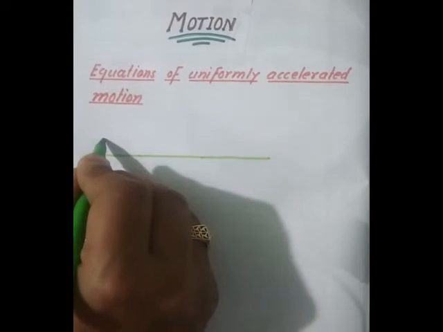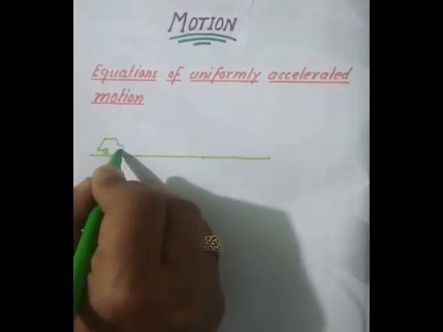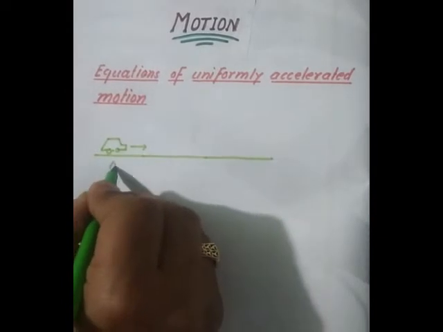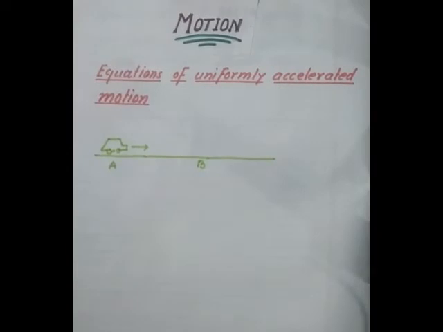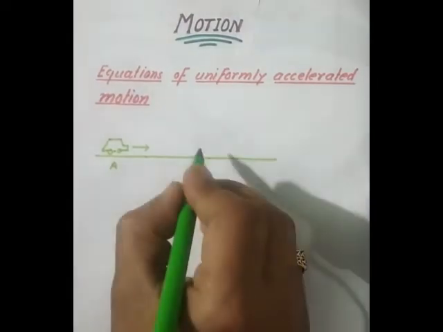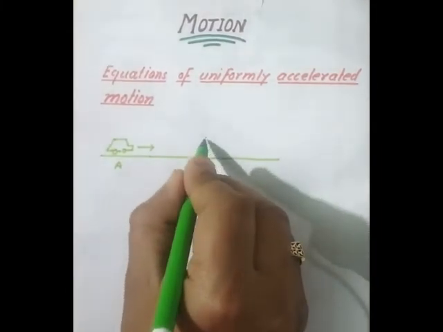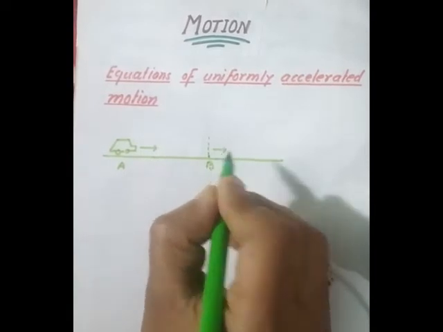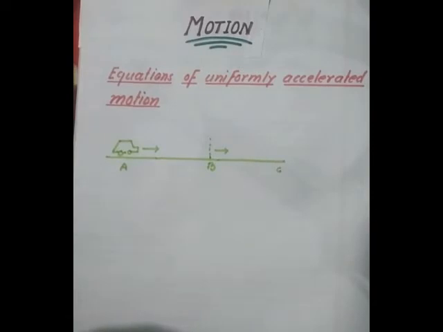A car, Maruti Suzuki 800, is running in this direction from point A to point B. At point B, when the car reaches this point, it will accelerate toward point C.